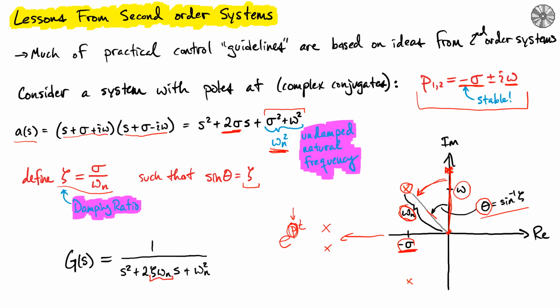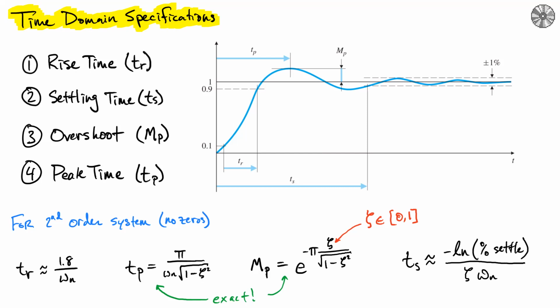So don't get too confused about just the renaming of all of these variables. The idea again is to decompose the location of these two poles, not just by real and imaginary part, but by essentially magnitude and this damping angle. We're going to see this used a number of different ways, but one of the first is in these time domain specifications.